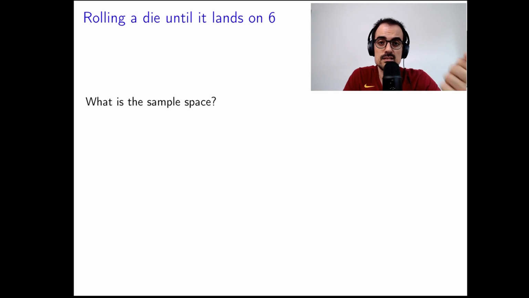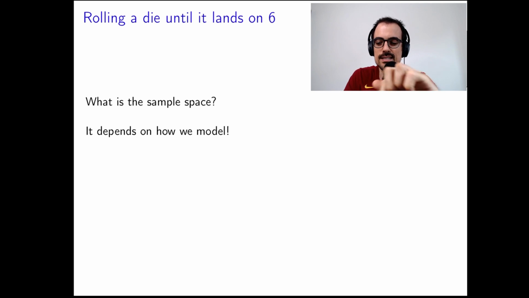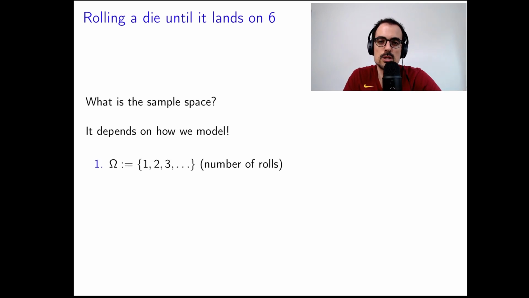So in this case, it depends. It depends how you want to model this. You could be interested in just how many times you need to roll the die until you get the 6. If that is the case, then your possible outcomes are positive integers, 1, 2, 3, etc. However, you might also be interested in the precise sequence that happens until you roll the 6.